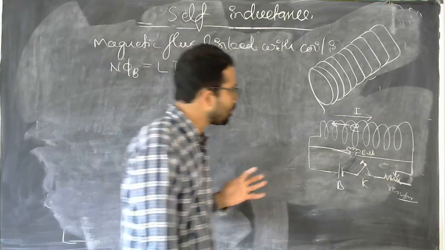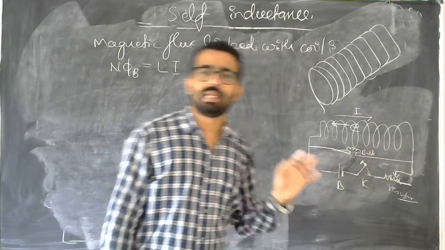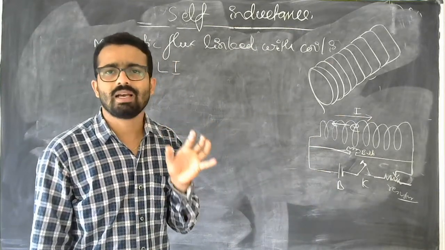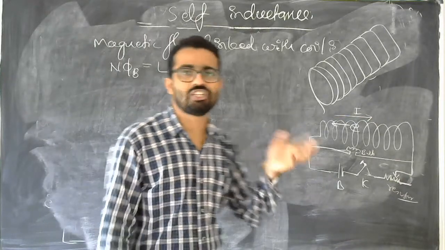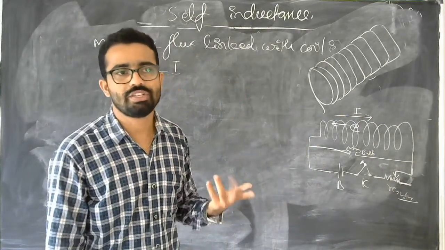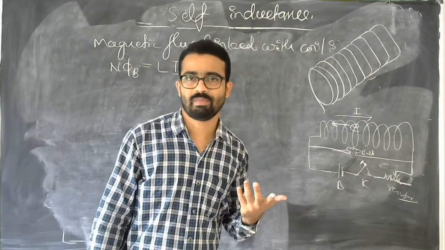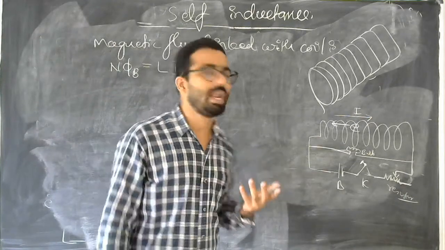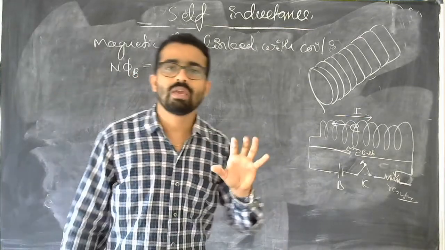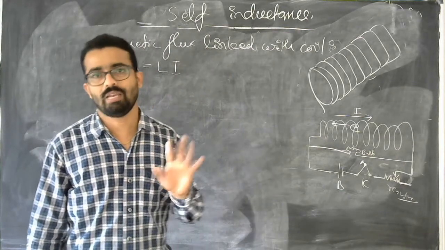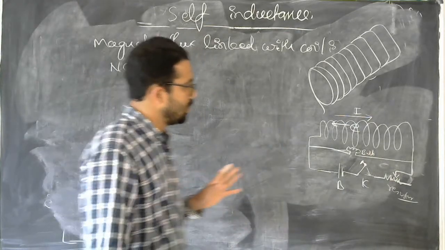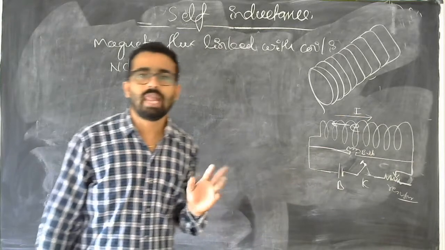So the self-inductance will act like an electric inertia. We all learned about inertia because of mass, so we can give an analogy that L is analogous to mass in mechanics. Why did I say electric inertia?